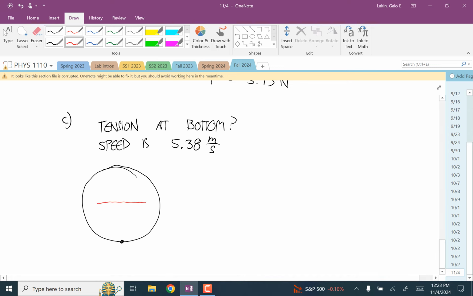Our coordinate system is this. The velocity vector is this way. There's a constant speed at the bottom because the height isn't changing, so the tangential acceleration is 0.